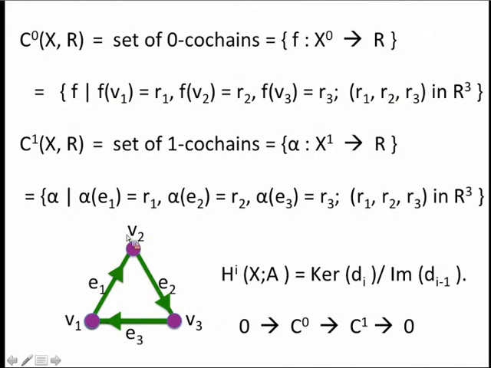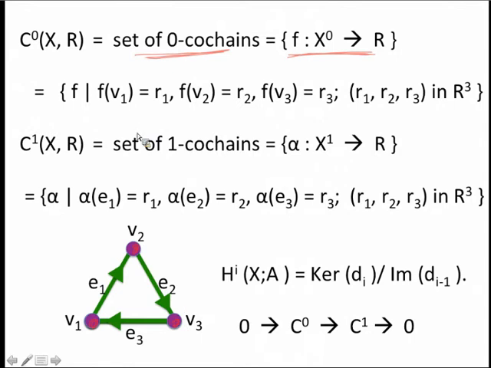Let's take a look at an example, and we can see that we can compute this in a very similar way to our homology. The only difference is we now have functions. So our set of zero chains, since our function is on vertices, we only have 3 vertices.